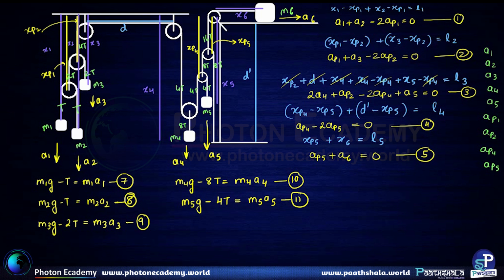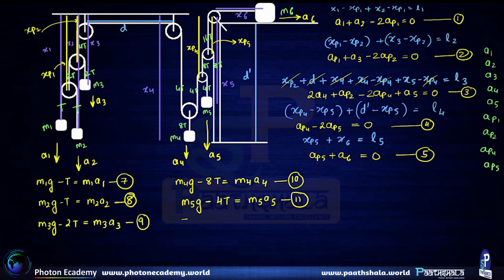So this is the equation for the mass M5: M5G minus 4T is equal to M5A5. And for the mass M6 we'll have to write down a counterintuitive equation: minus 16T, that is the force in the direction of A6, minus 16T is equal to M6A6. So let's say this is equation number 6.